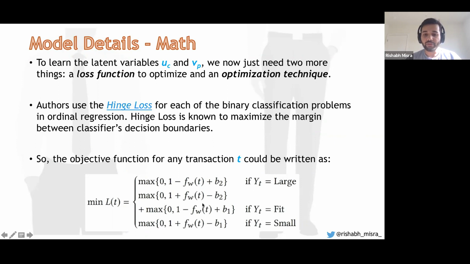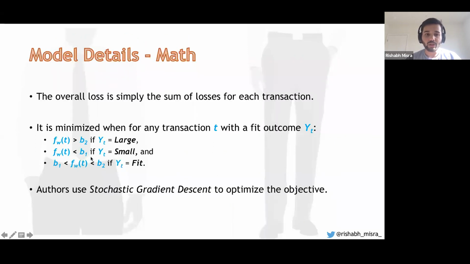And similarly, if it is between B1 and B2, the fit class would have minimal loss. So based on which class would minimize our loss, we'll be learning the parameters, and that will ultimately drive our classification at the end. Yeah, very good.